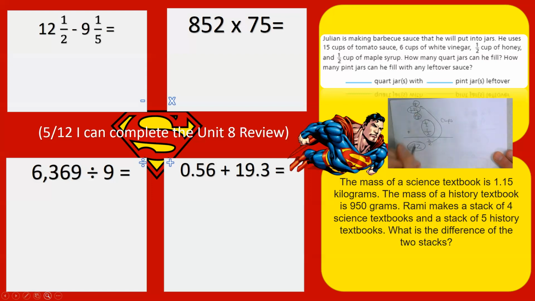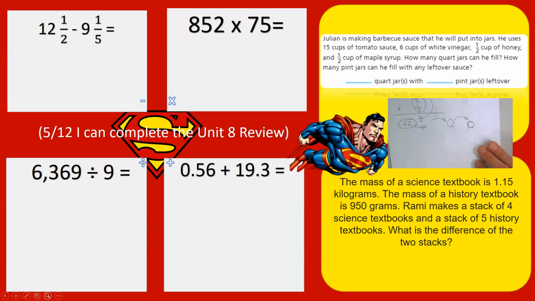I'm getting 22 cups. Let me just double check real quick. 15, 16, 17, 18, 19, 20, 21, 22. I'm happy with 22. So now I have to turn this into as many quarts as I can. And then if there's any left over, I need to turn it into pints, right?